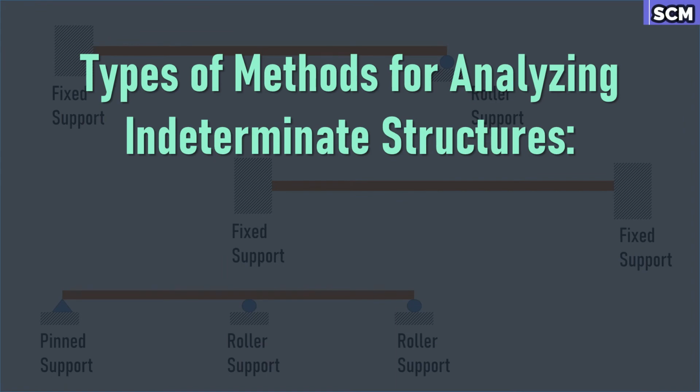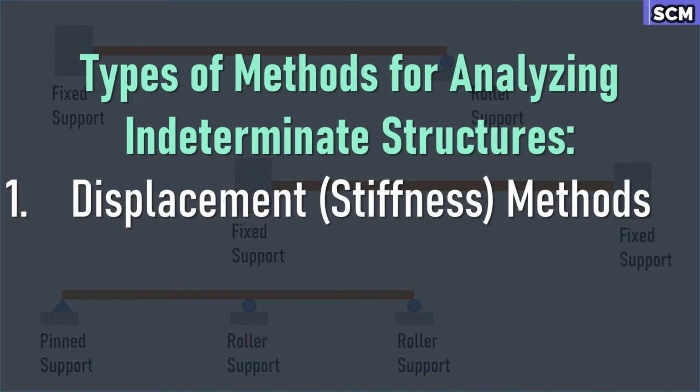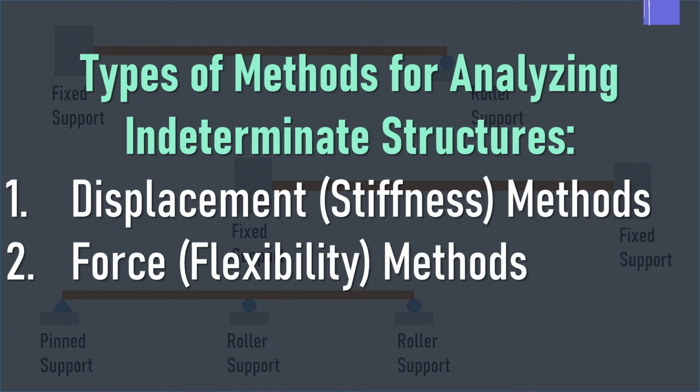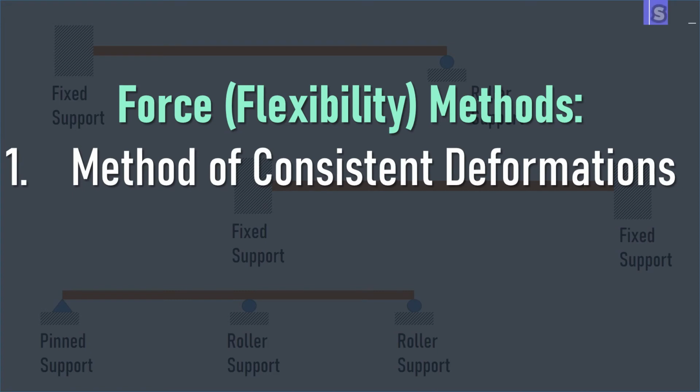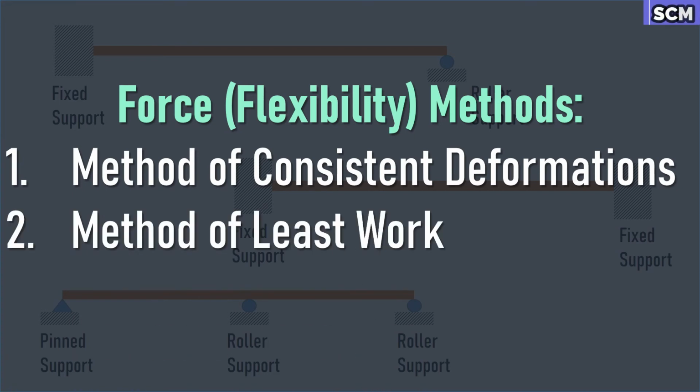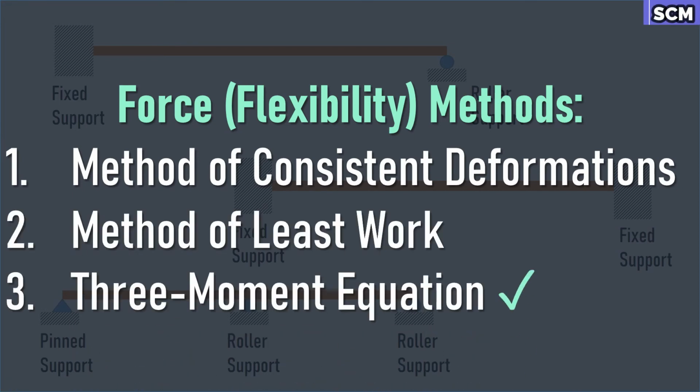2 types of methods are used to analyze indeterminate structures, namely displacement or stiffness methods and force or flexibility methods. Under the category of force methods, we have the method of consistent deformation, method of least work, and three-moment equation.